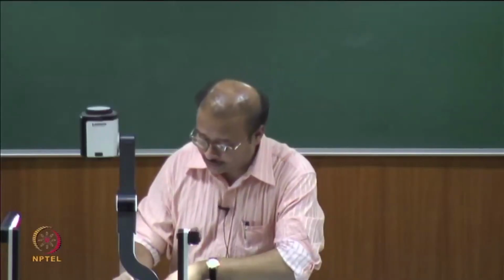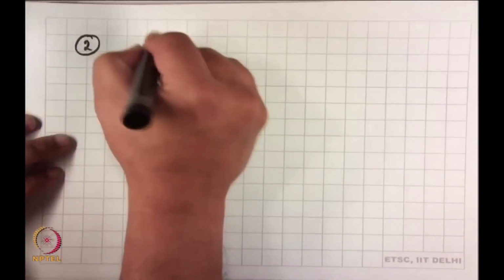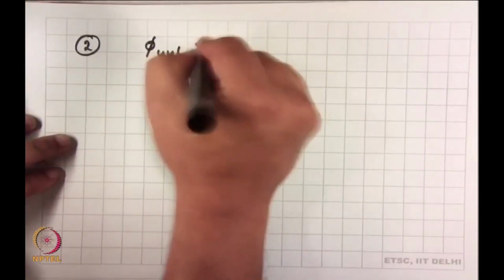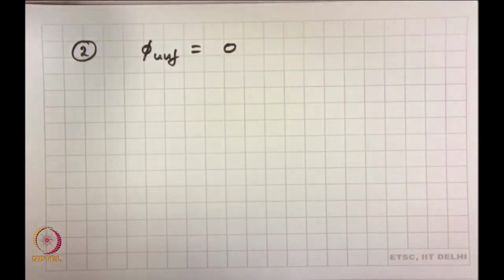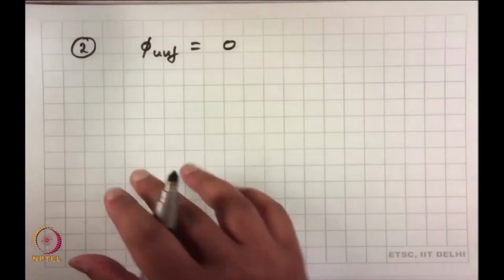Now, if this is the case, what is the other case? The other case would be phi unfolding equal to 0. If phi unfolding is equal to 0, what does it mean?